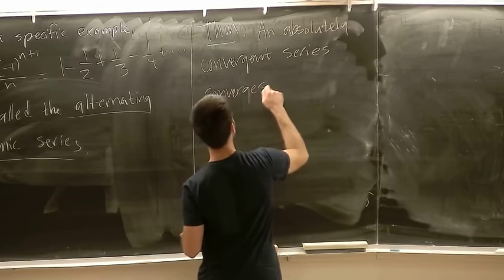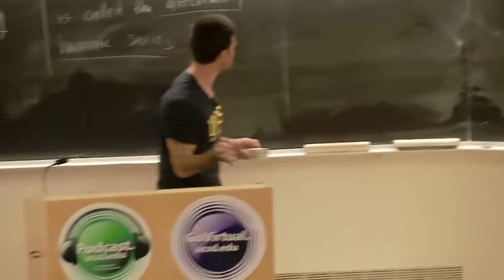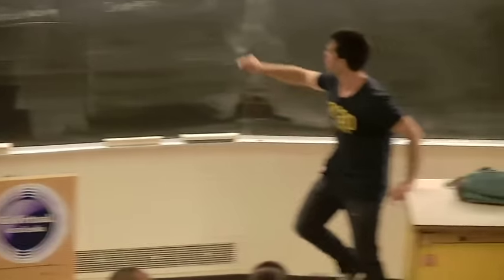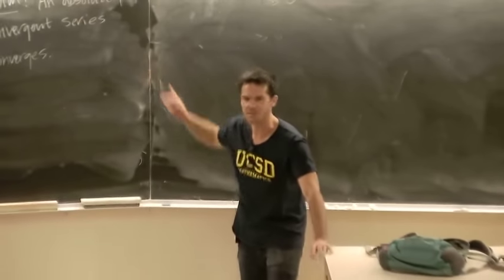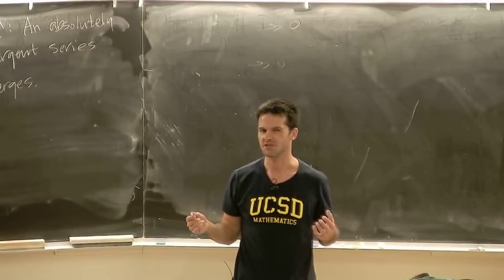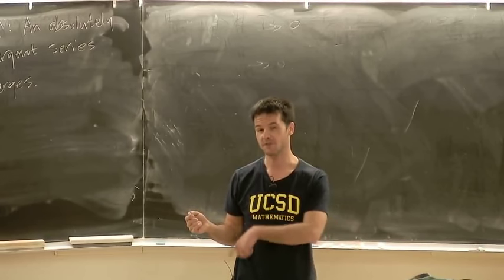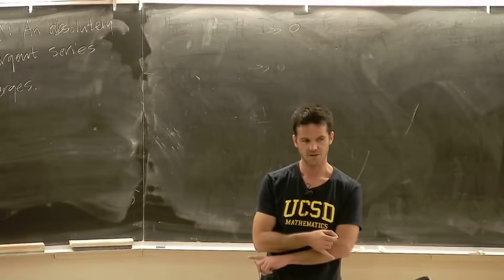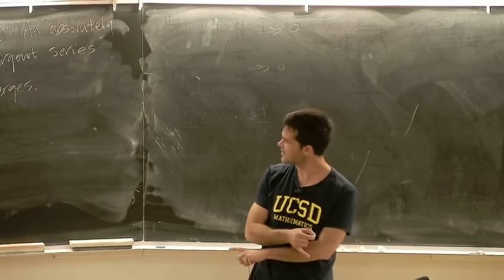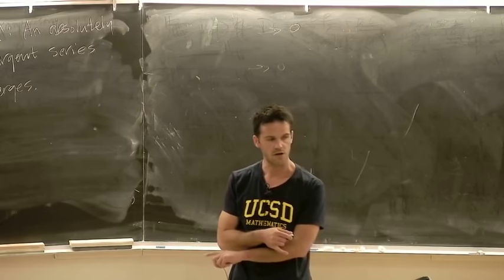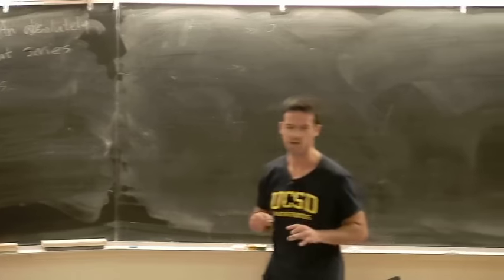So absolutely convergent is a stronger criterion than just convergence. But we wouldn't have this theorem if they were equivalent. So somewhere out there, there must be some series that aren't absolutely convergent, yet they still converge. That's kind of crazy, right? Those are weird series. They do strange things. They have strange behaviors. We have a name for those series.